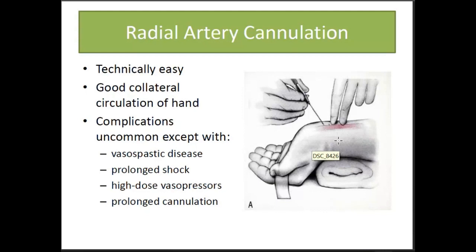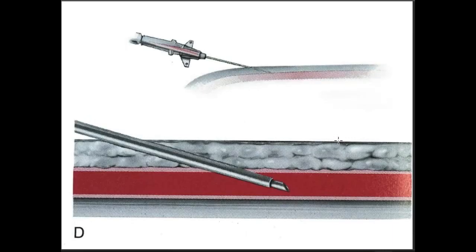Be aware that you might end up with a gangrenous hand. One of the patients that we had, days after cannulation, ended up with amputation. So please be careful about this.